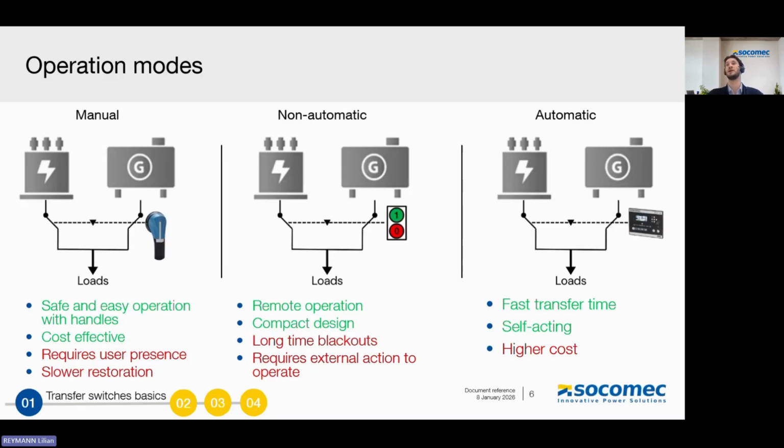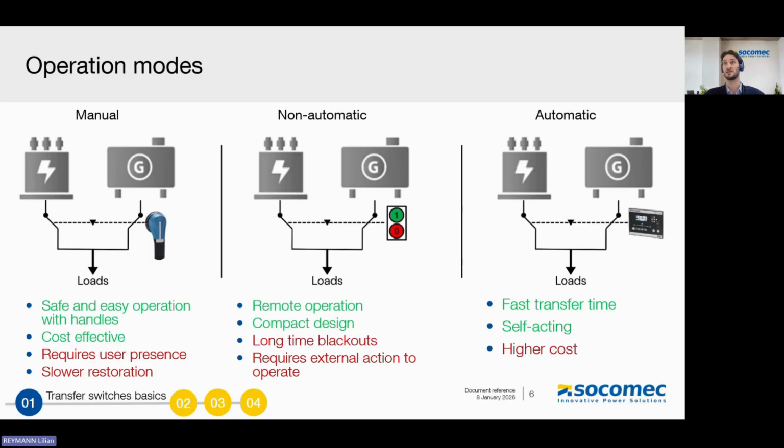And the third one, the one that we see the most in the United States, is the automatic transfer switch. They have a fast transfer time, and they are self-acting because they are operated by a controller.